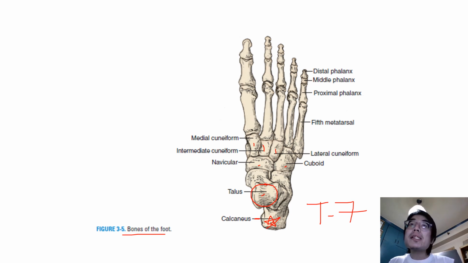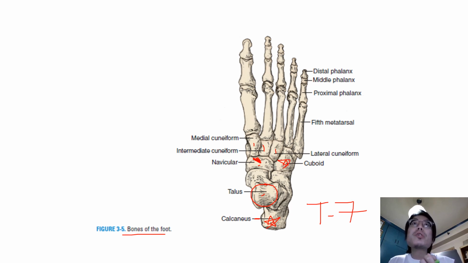Moving more distally still is the navicular bone. The navicular bone over here is a boat-shaped tarsal bone lying between the head of the talus and the 3 cuneiform bones in front of it. Lateral to the navicular is the cuboid bone.